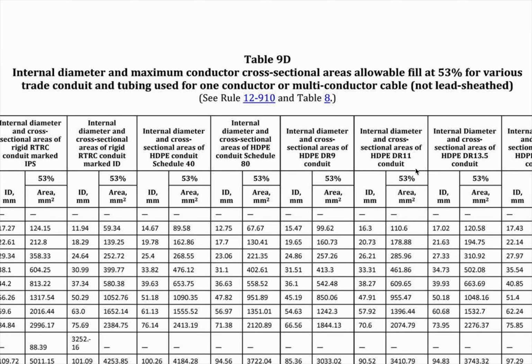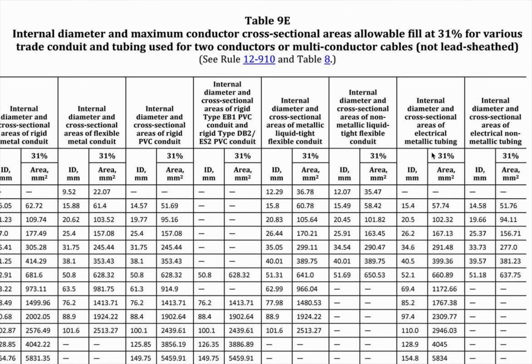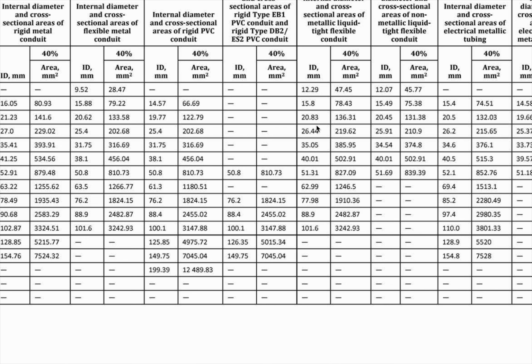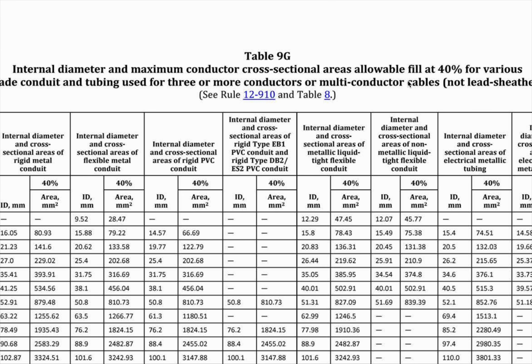You can see 53% also, and then 31% in 9E, but we always come to table 9G because it is 40%, and most of the time we have more than 3 wires in a conduit we want to use.